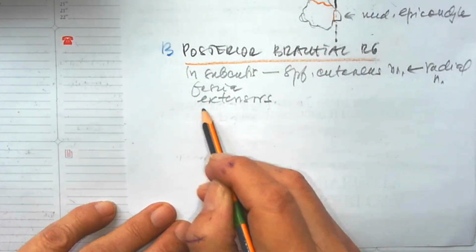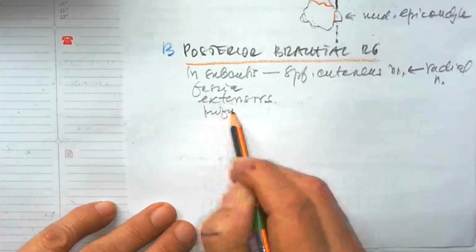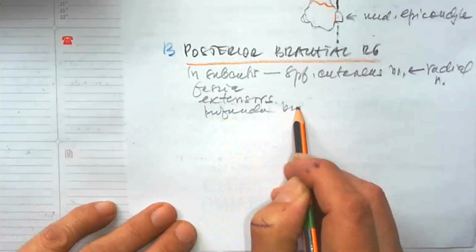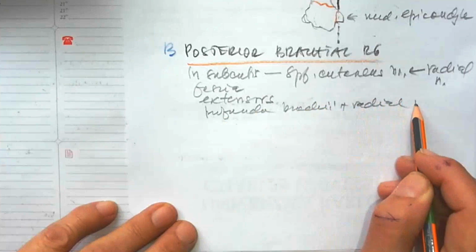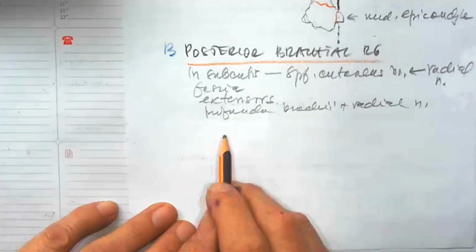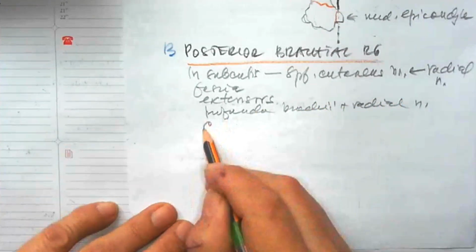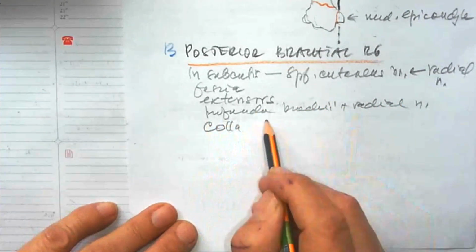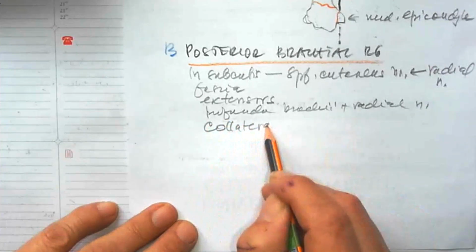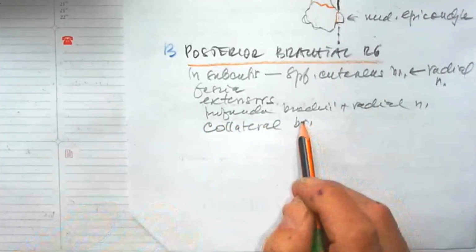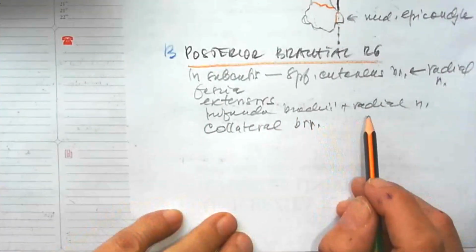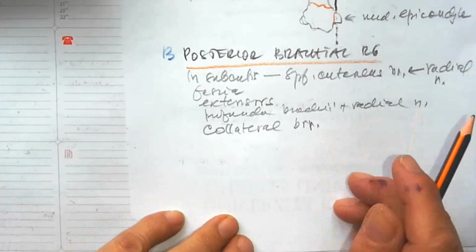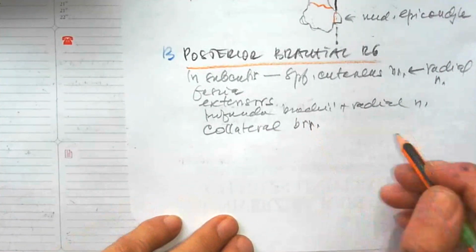So extensors and then profunda brachii, as we said, plus the radial nerve on the dorsal side. Important would be the collateral branches. We will speak about them when we will speak about the cubital region, cubital fossa.